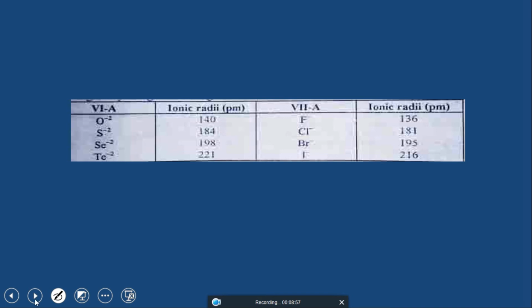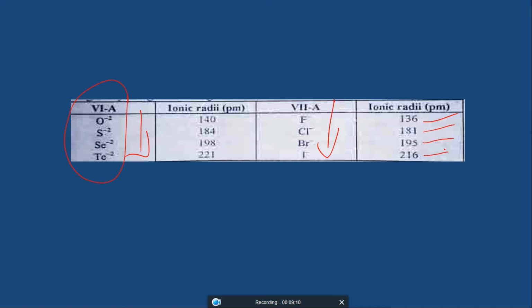So here we can see that the ionic radius of anions is increasing down the group as well. Fluorine 136, chlorine 181, bromine 195, and iodine 216.